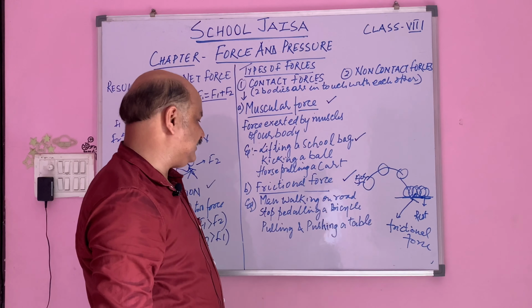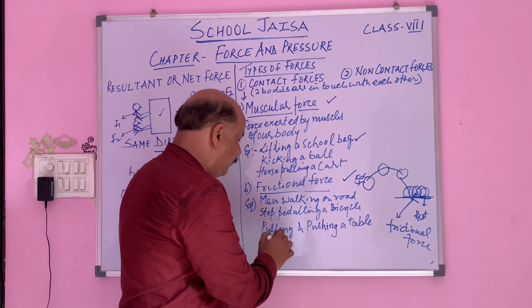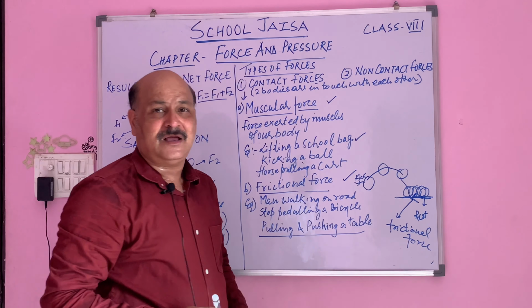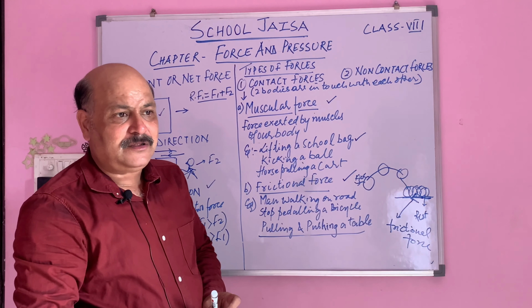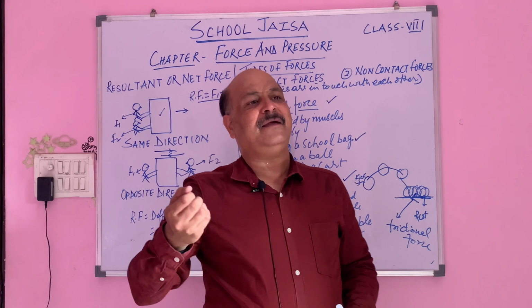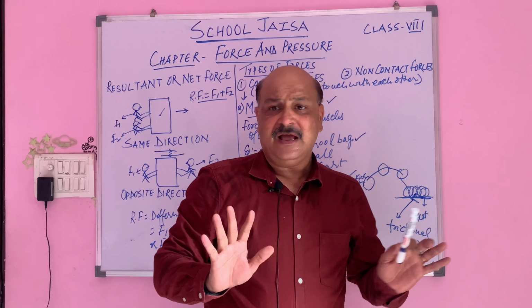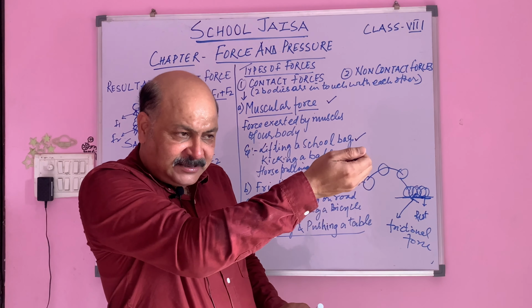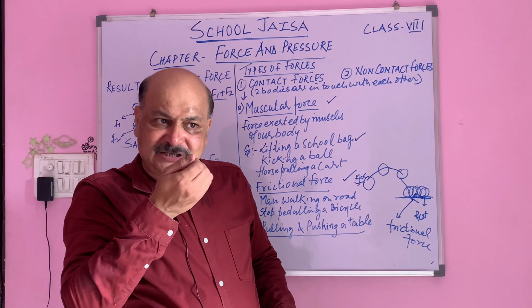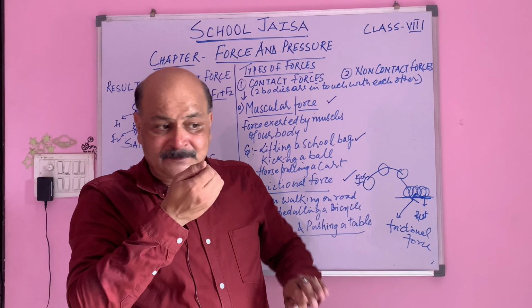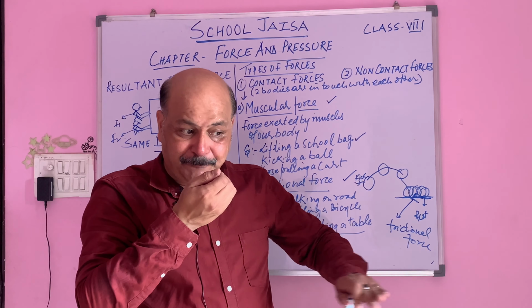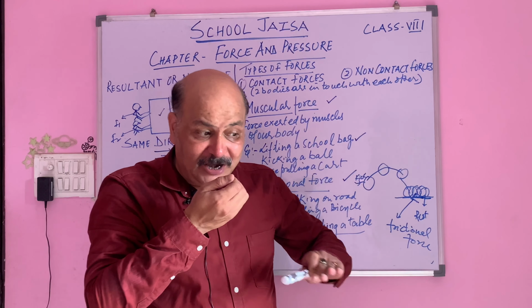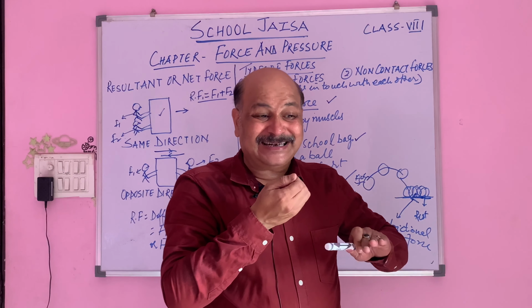We can take another example, that is pulling or pushing of a table. Whenever you pull the table or push the table, you are trying to make the table move in one direction, but the lower part, the leg portion of the table, will always try to resist.